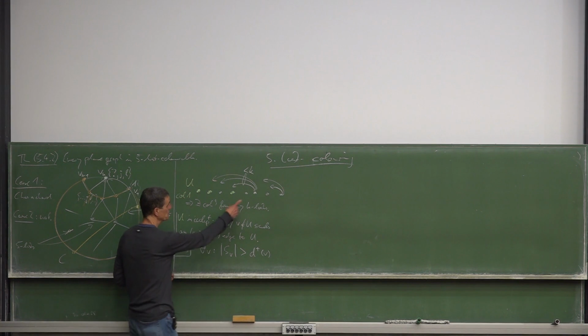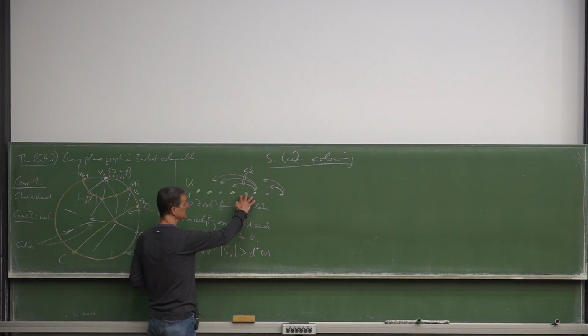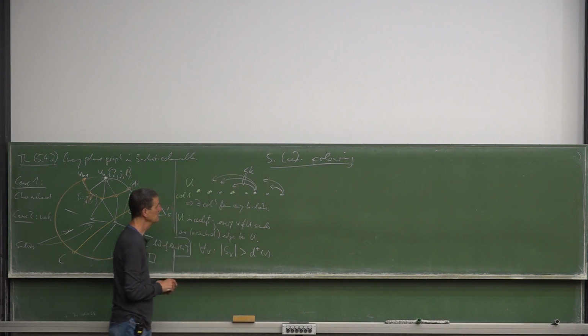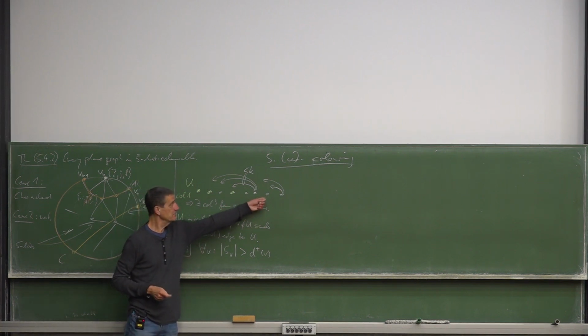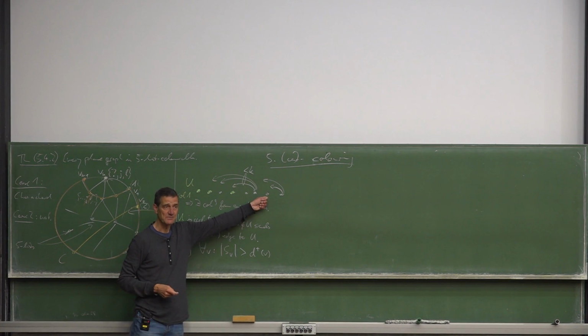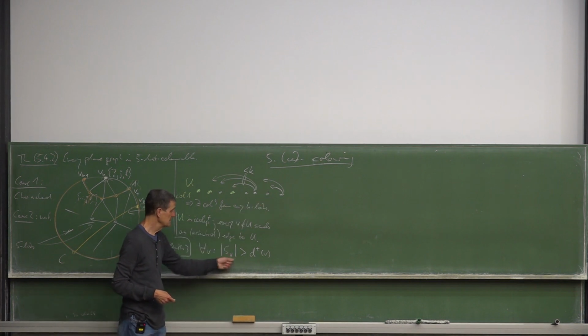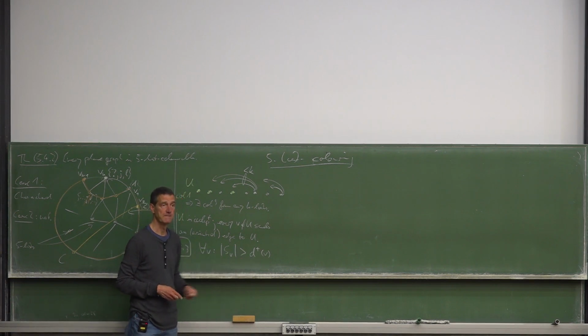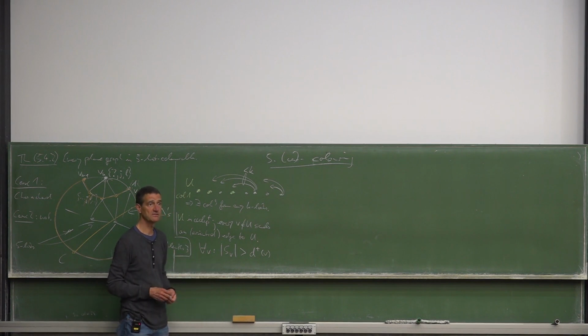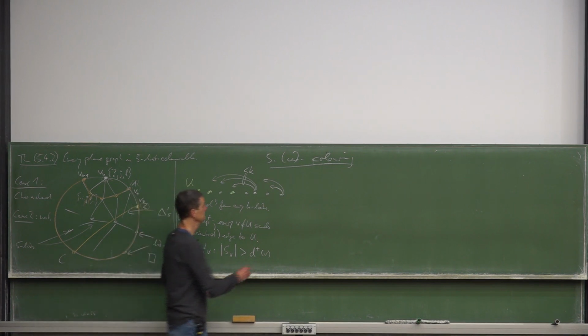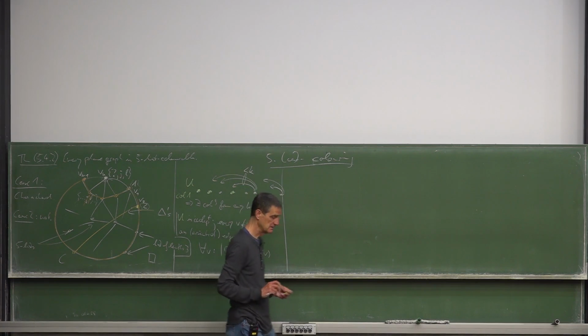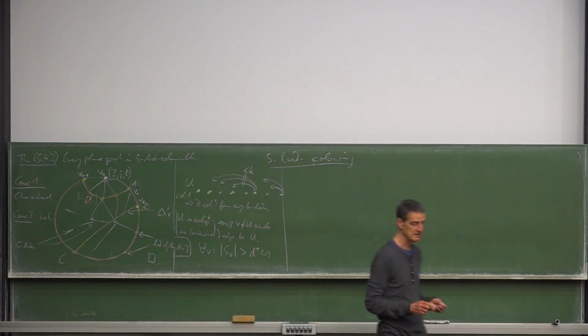So that's true to start with. The lists have length k, and then when we delete this U, some lists stay the same, but then the out degree also stays the same. And some lists got shorter by 1, but then the out degree also dropped by 1. So we can just apply induction to the rest. Okay, so that's greedy made complicated.